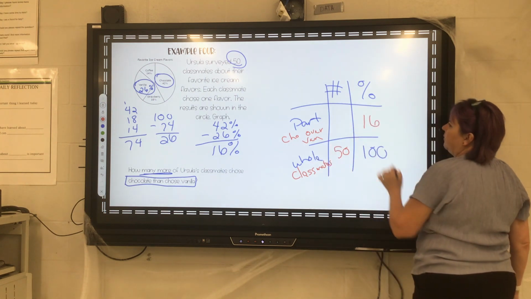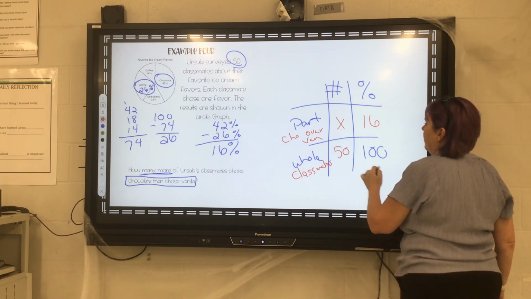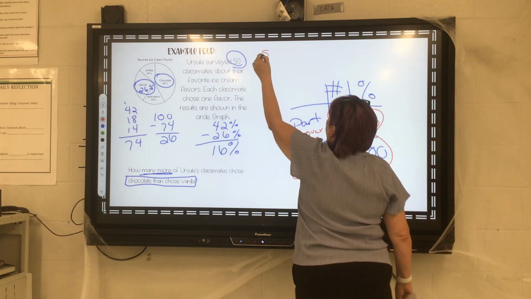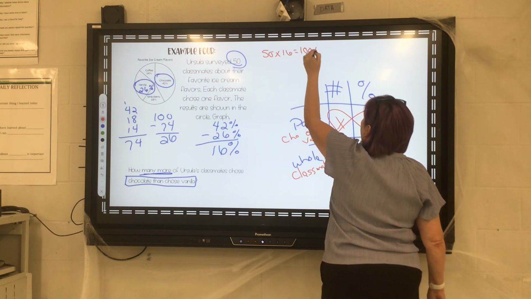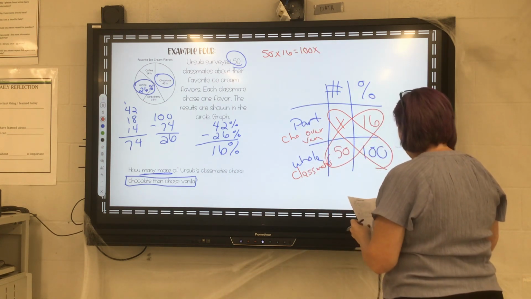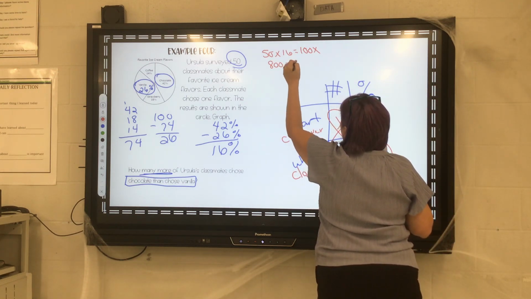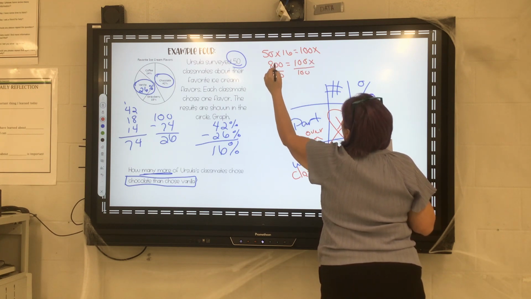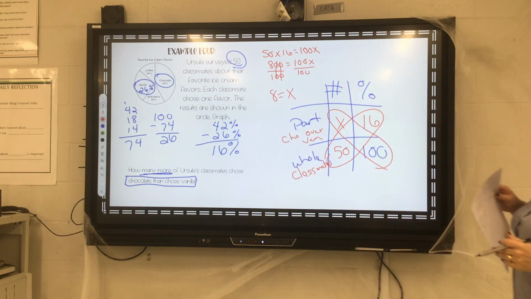We have 16% chose chocolate over vanilla, so we were looking for this number. And we're going to cross multiply again. So we get 50 times 16 equals 100x. 50 times 16 gives you 800 equals 100x. So we get 8 equals x. So 8 more students chose chocolate than vanilla.